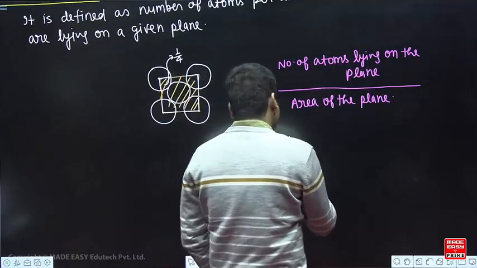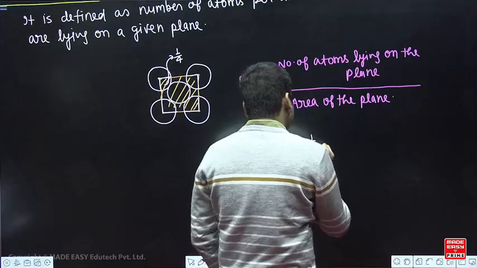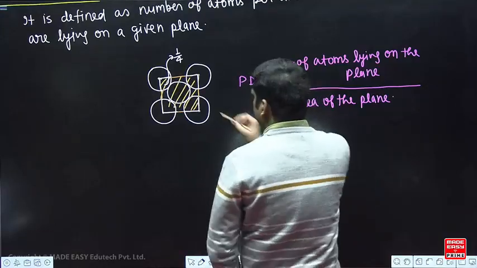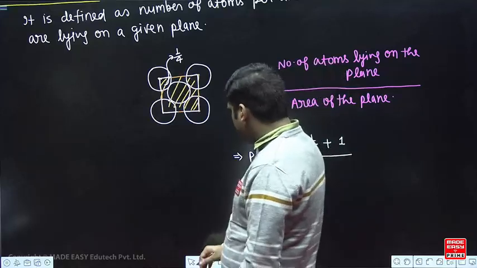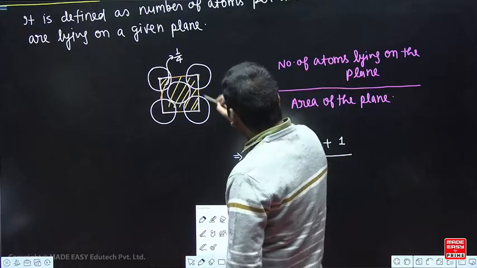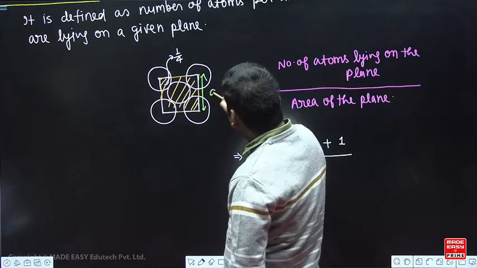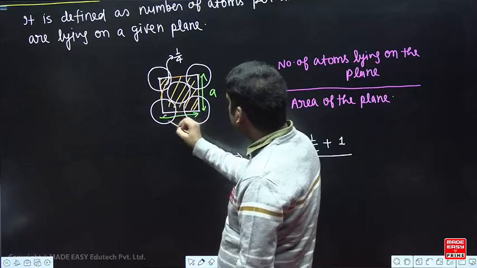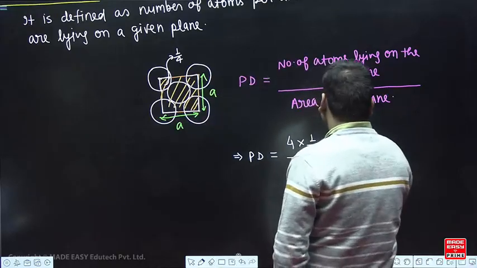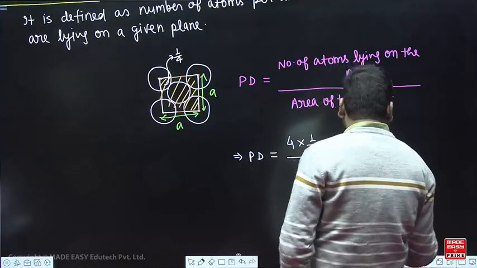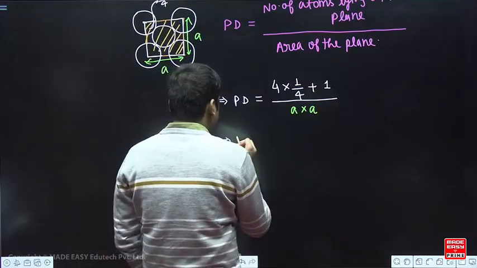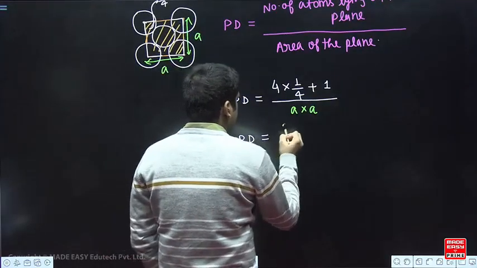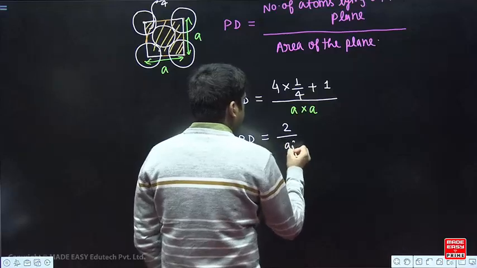So 4 into 1/4 plus the mid one, that is a whole atom, is lying on this plane, divided by the area of the plane. This dimension is A and this dimension is also A. So area is A into A. So PD for this plane comes out as 2 upon A square.